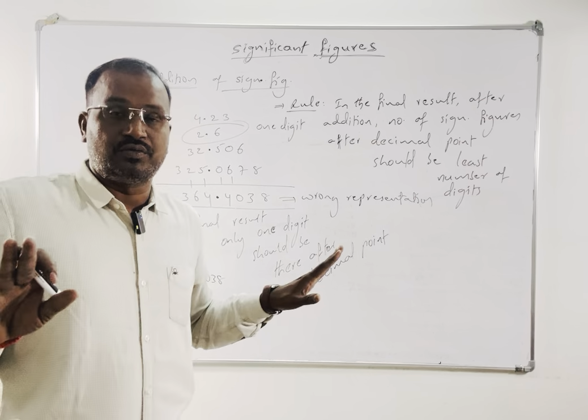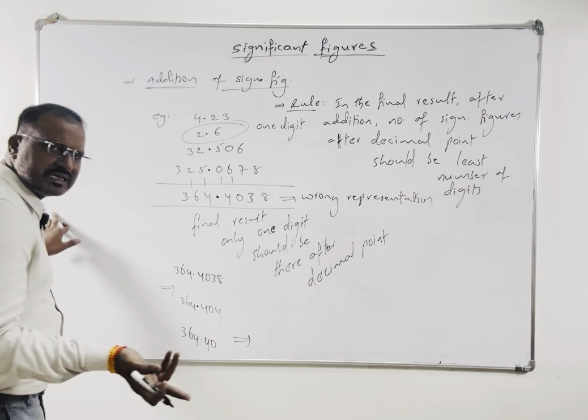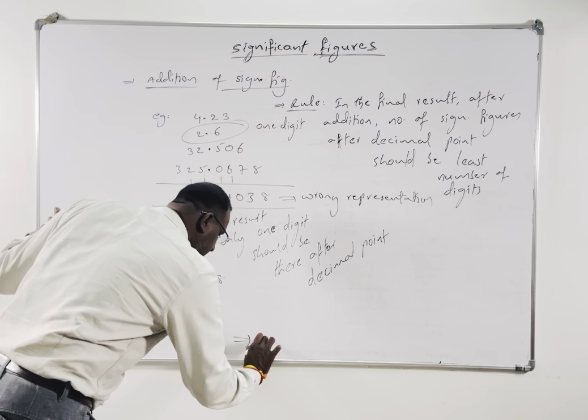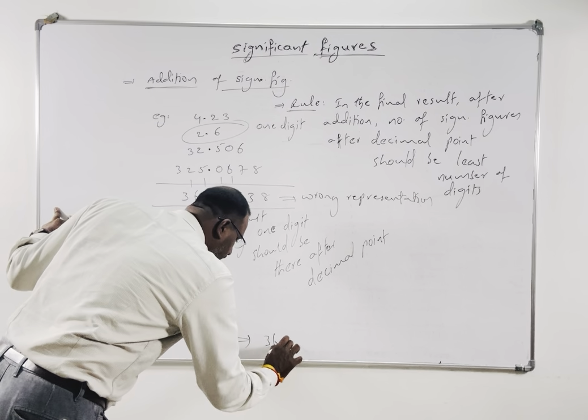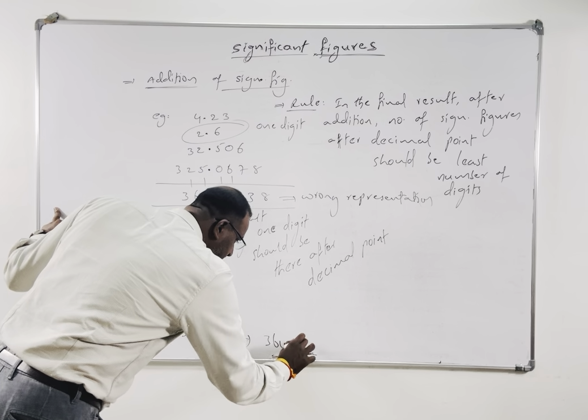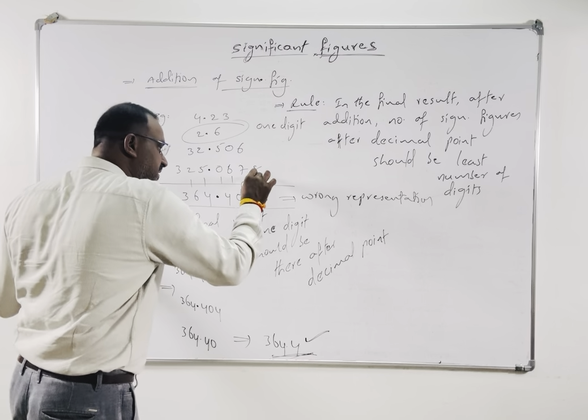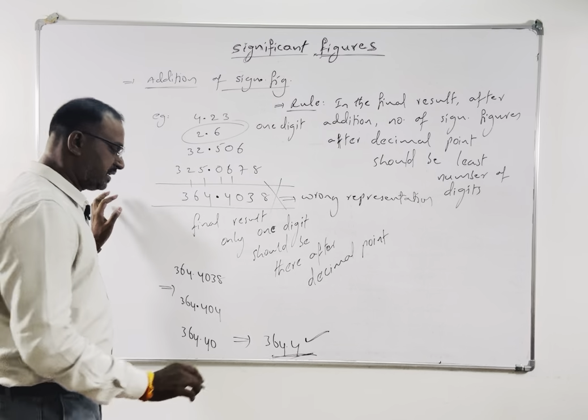Because in the final answer only one digit should be there after decimal point. So here we have to round off, but there is 0, 4. 0 means less than 5. It should be as it is, means 364.4 is the correct answer. This is wrong representation and this is correct representation. Like this we have to do.